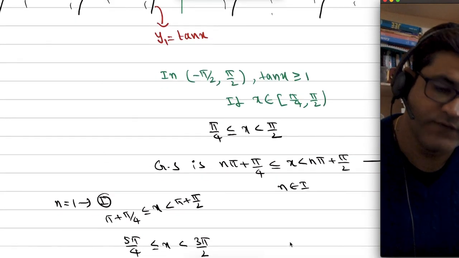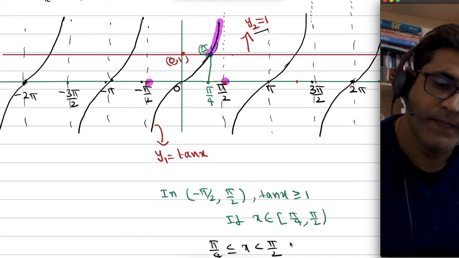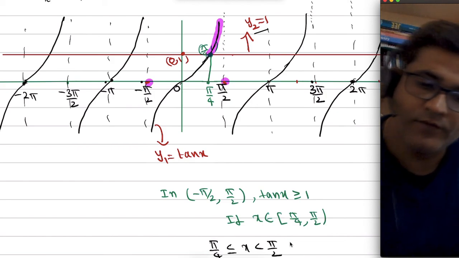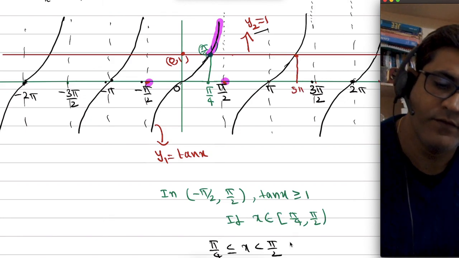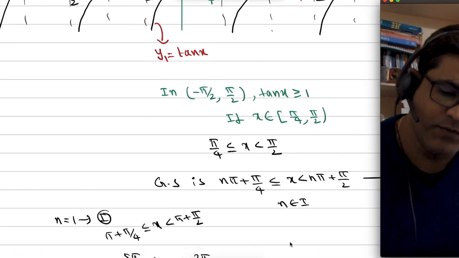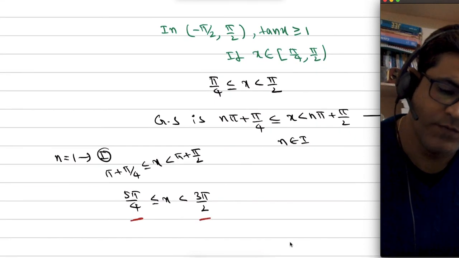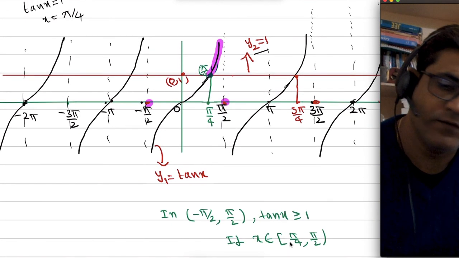From the graph, 5 pi by 4 is this point of intersection, and 3 pi by 2 is here. So this is the interval 5 pi by 4 to 3 pi by 2, where again tan x is greater than or equal to 1.